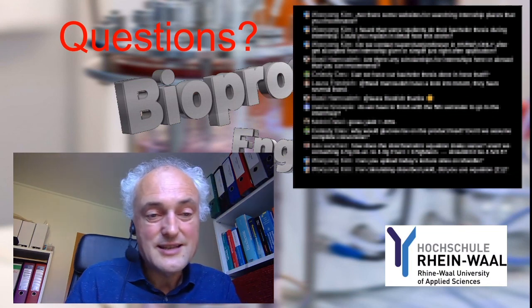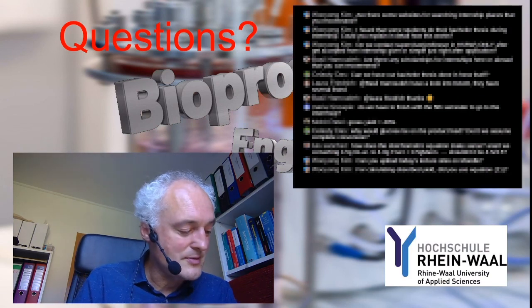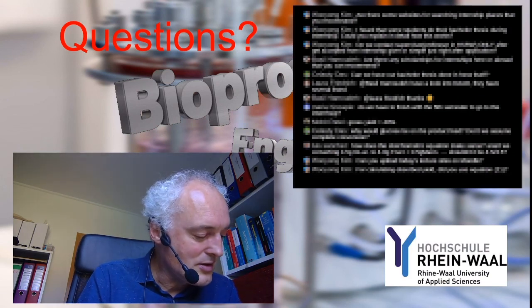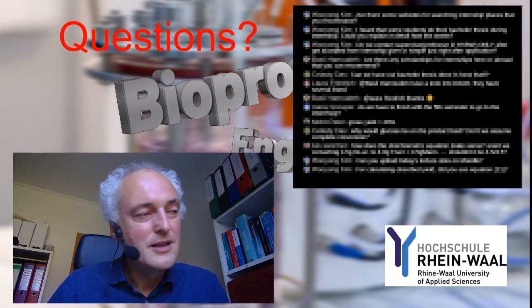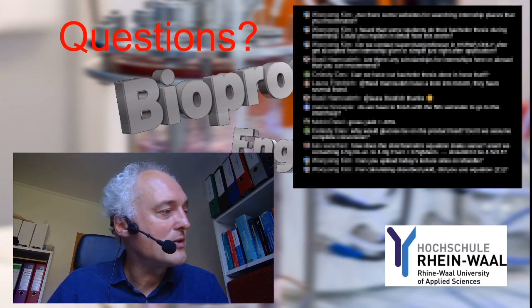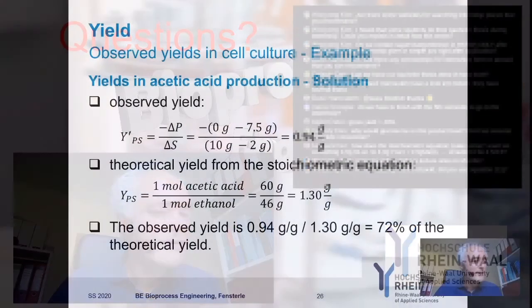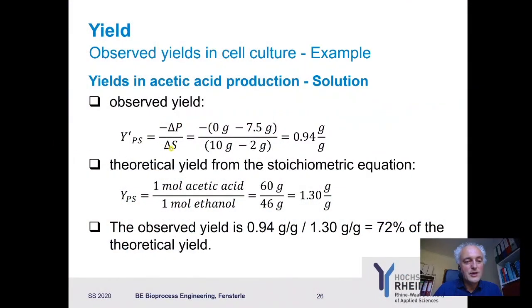In this case it's not the biomass, it's the product, but it doesn't matter, divided by the total mass of substrate consumed. Here I'm talking about product, but the equation looks the same whether I look at the product yield or the biomass yield. And of course it's the substrate which is being consumed.